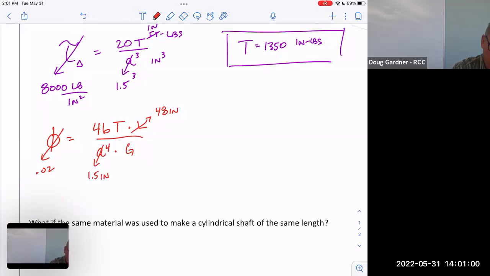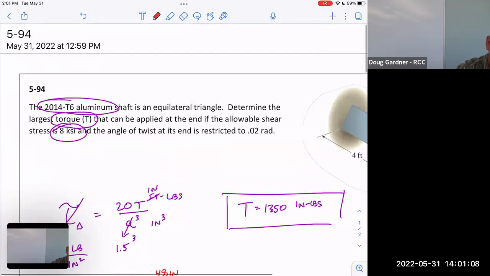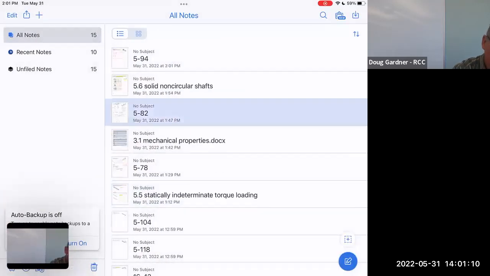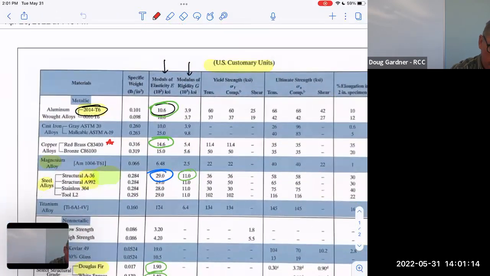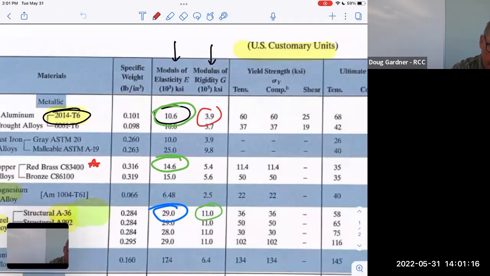And that's inches, so it'll be inches to the fourth. And if I look up G for 2014 T6 in the non-metric top portion, it's the very top answer. I'm getting 3.9 10 to the third kilo. So that's actually 3.9 10 to the sixth PSI. You agree with that?